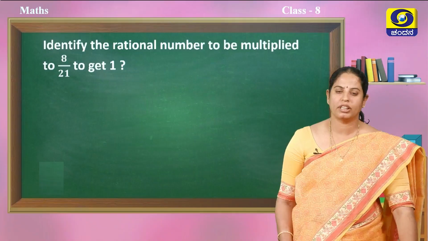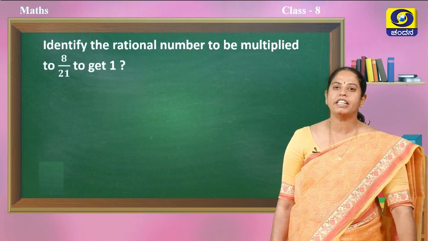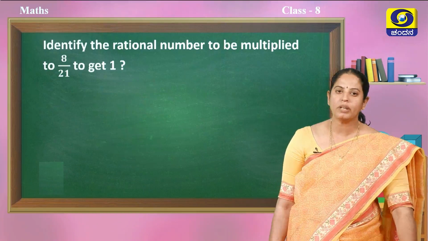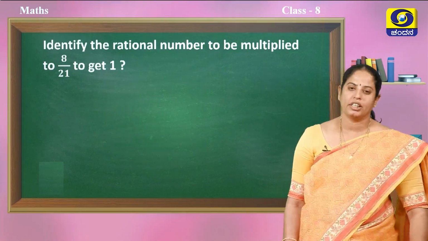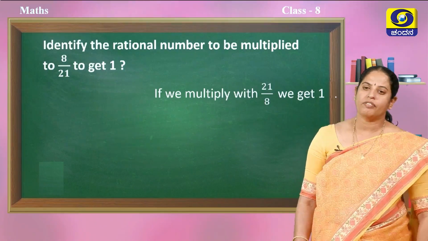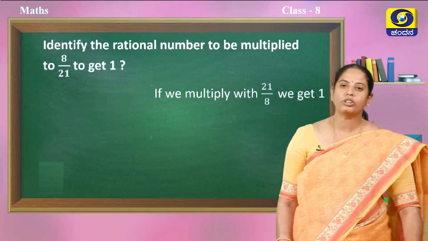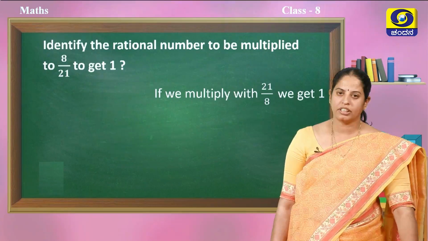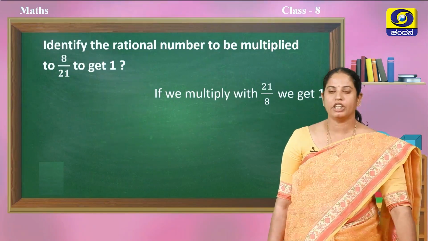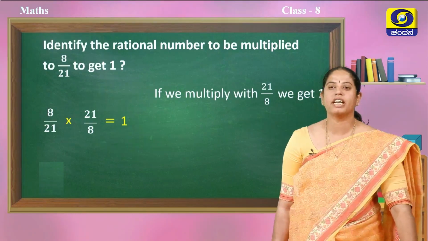So, here one more question I am giving. Identify the rational number to be multiplied to 8 by 21 to get 1. To get 1, which number am I going to multiply with 8 by 21? If we multiply 21 by 8, we get 1.